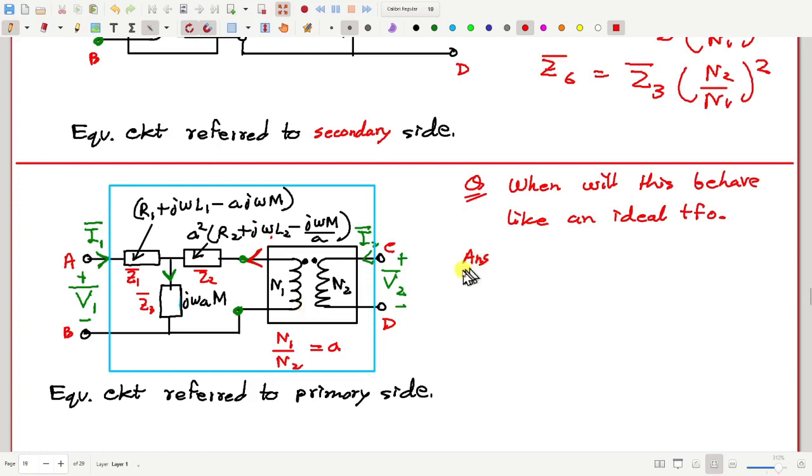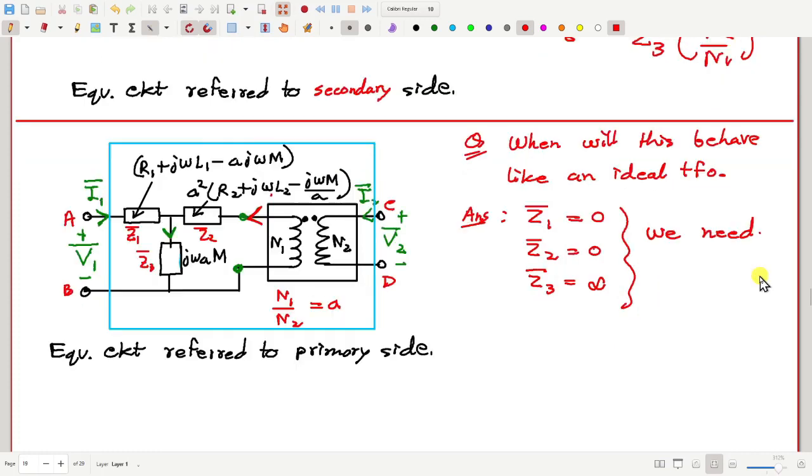The answer is we need Z2 to be equal to 0, Z1 also 0. So Z1 and Z2 are 0, and Z3 infinite, very large. Yes, so that's what we need.